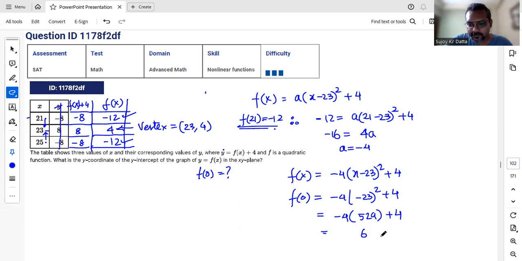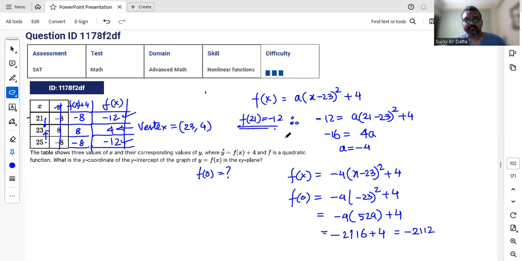Go ahead, no problem. 2116 with a negative sign plus 4. So that would be minus 2112 is the y-coordinate of the y-intercept. That's what we need.